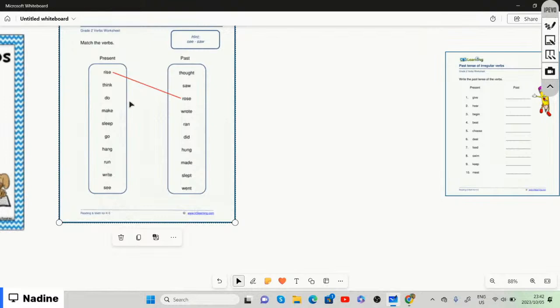All right, so now think. Something that you're doing now. I'm thinking, I think, but in the past, I actually thought about. So thought is our irregular past tense.